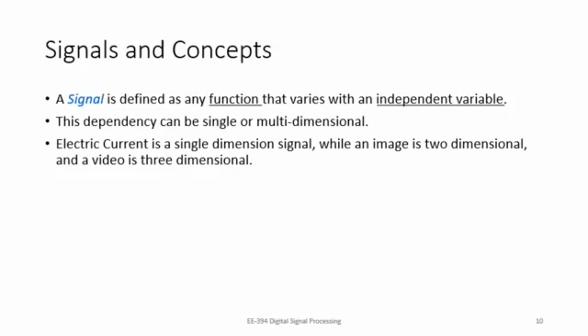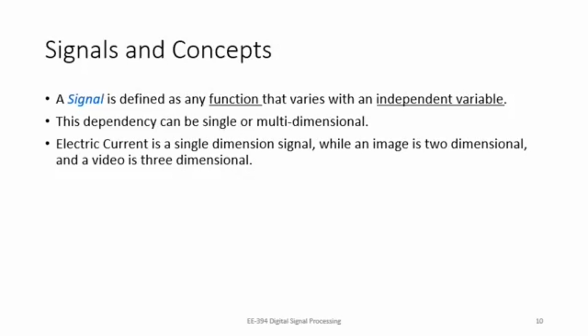Whereas an image is a two-dimensional signal which depends on two independent variables, the x and y axes. We can have a three-dimensional signal as well, such as a video signal, which depends on three independent variables: x, y, and the third is time.